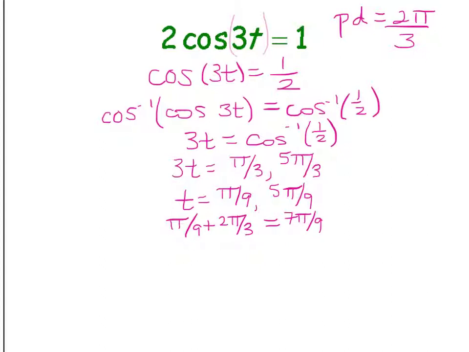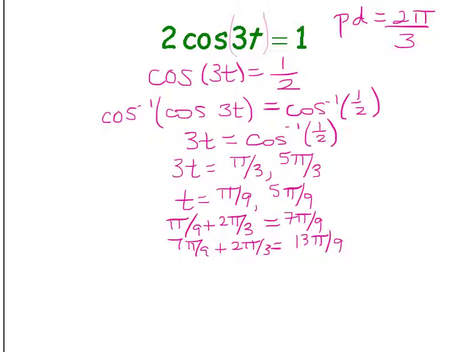Then I can take 7 pi over 9, add 2 pi over 3, or 6 pi over 9. That'll get me to 13 pi over 9. If I add 6 pi over 9 again, I'm at 19 pi over 9, and that's past 2 pi, which is 18 pi over 9, so I'll stop there.